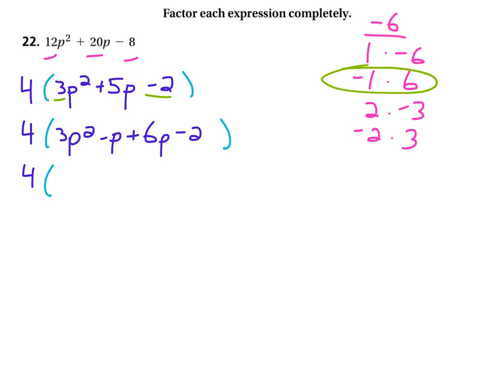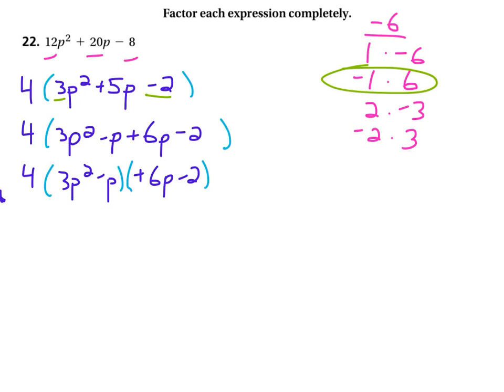We're going to say 4 times, and then this is going to be 3p squared minus p, and we're going to group those two together. And then we're going to group these two together, positive 6p minus 2.